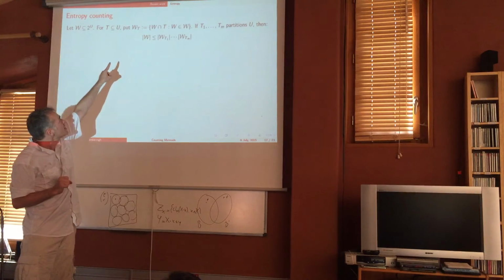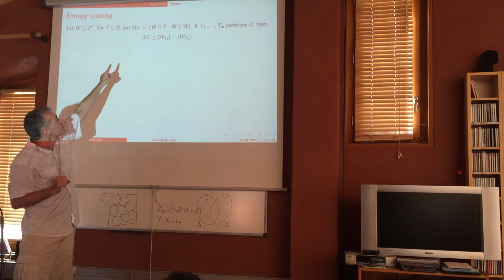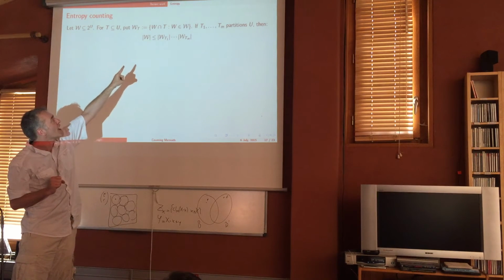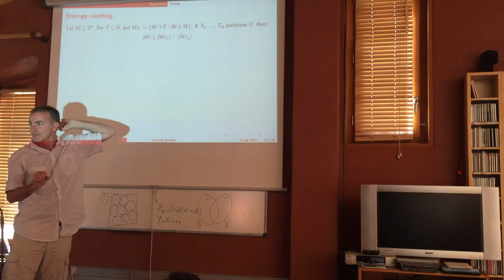So I can add notation, Wt is just the restriction of my set W to T. You take all the intersections of elements of W with T.